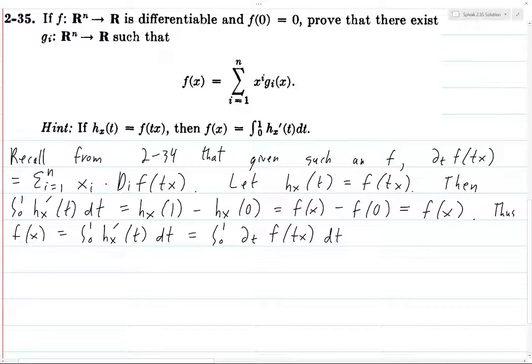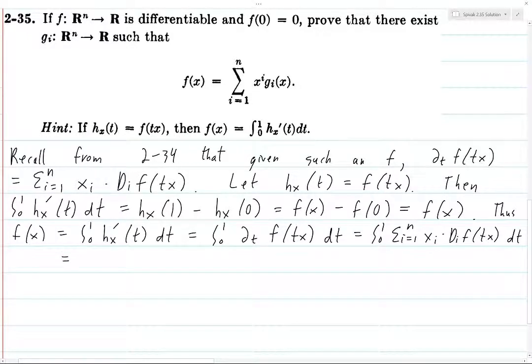Now we have an alternative formula for partial t of f of tx, so we'll put that in there: the sum from i equals 1 to n of xi times di f of tx, and we're integrating this entire sum with respect to t.